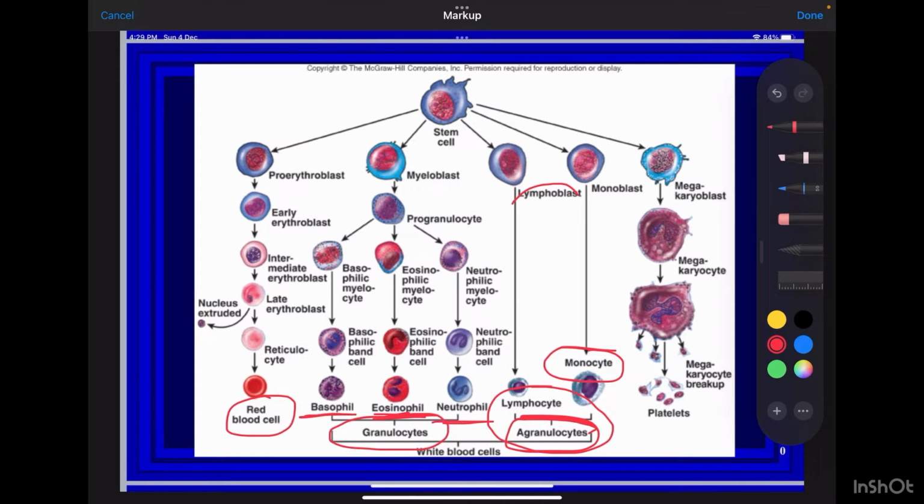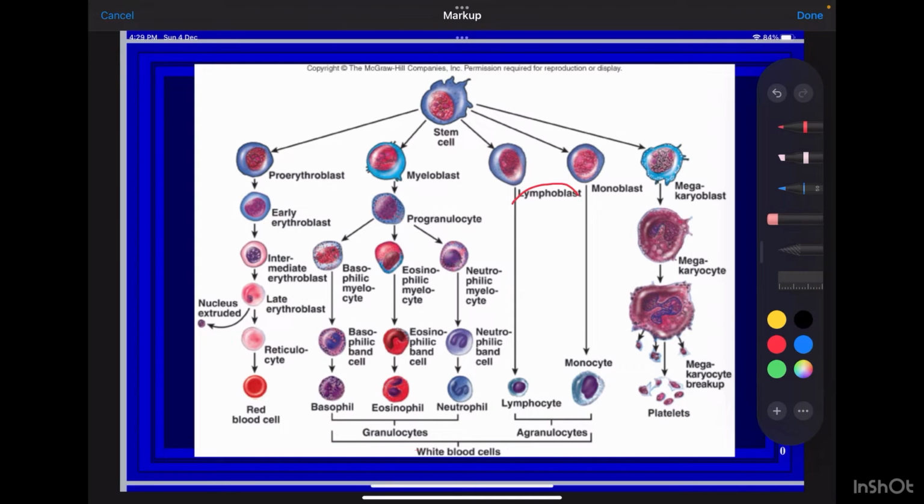We will talk about each one separately. And the megakaryocyte is actually going to develop into platelets, one of the most important types of our blood cells. Now let's go through each one of these.